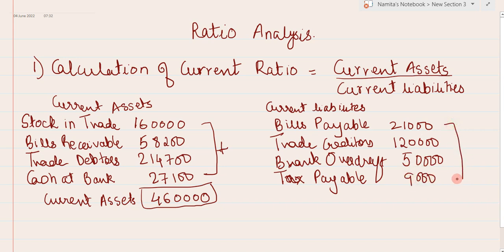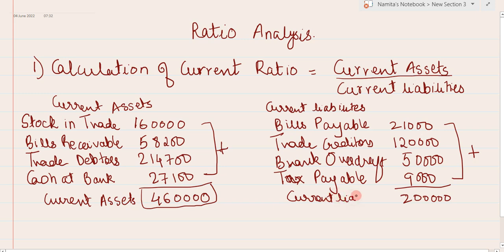So add all this. We get 21,000 plus 1,20,000 plus 50,000 plus 9,000, 2 lakh rupees. 2 lakhs is our current liabilities.